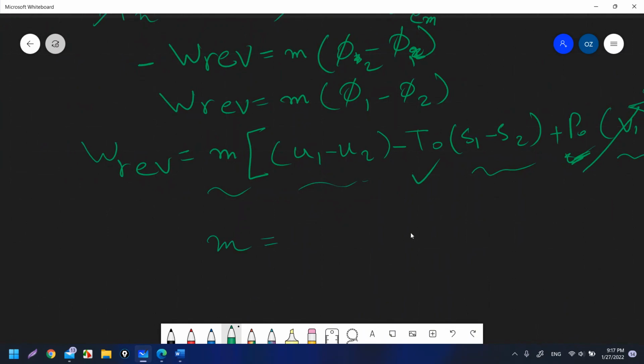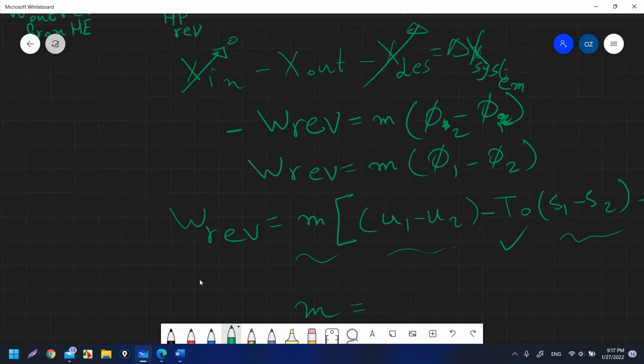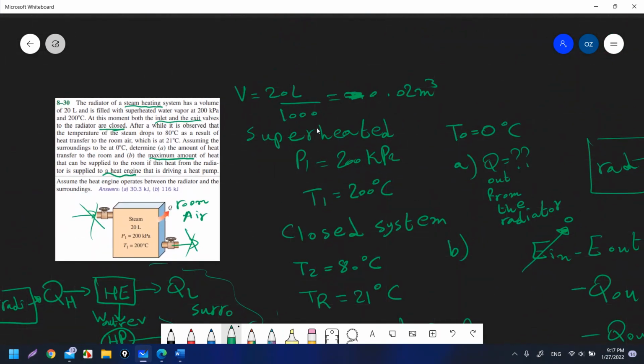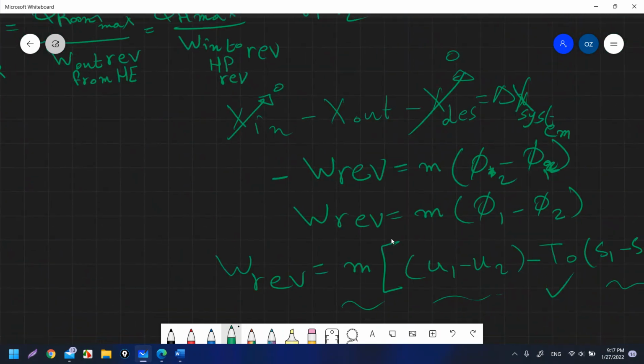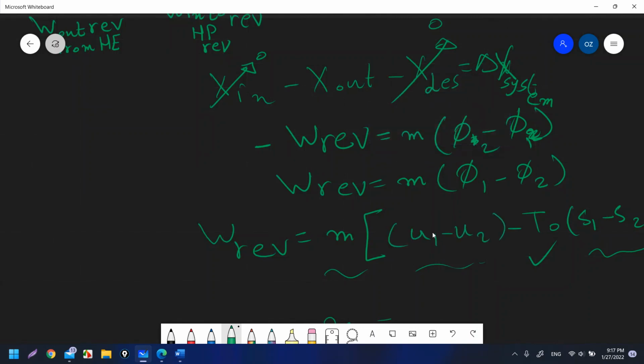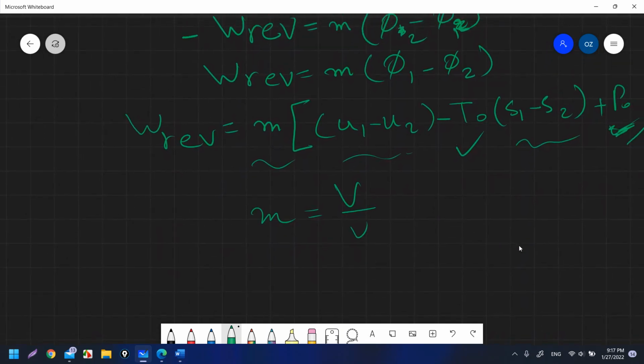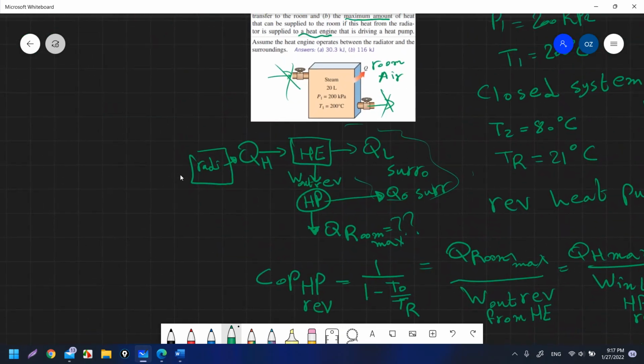And as you can see, he gave me in the question a volume. So I am predicting that I can use this volume to find the mass, by using volume over the specific volume. And for U1 minus U2, that is steam, right?